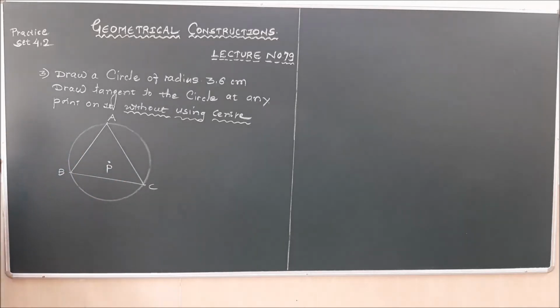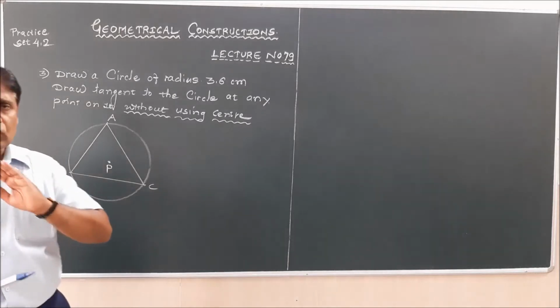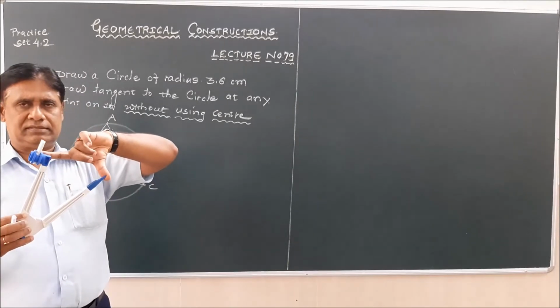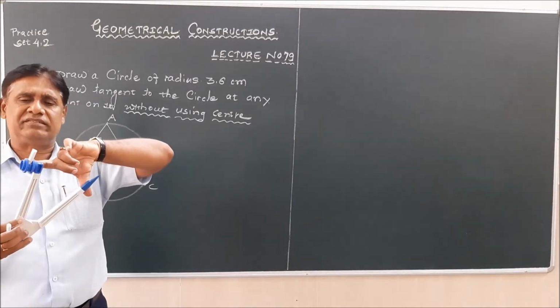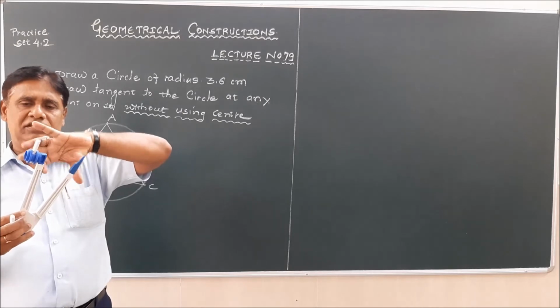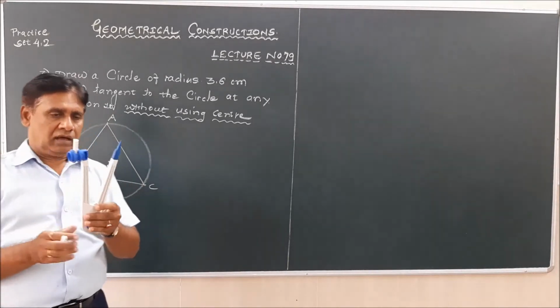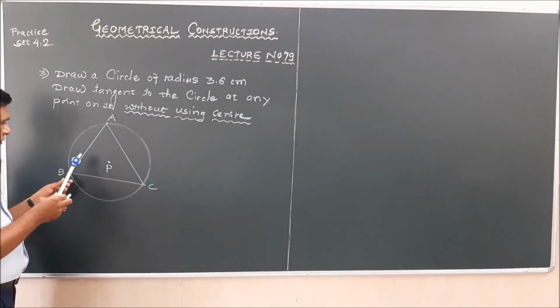Okay, fine. The next step is very important. Now you have to take any suitable distance. There is no specific rule as such. Take any distance, place the middle point on B, and draw arcs.